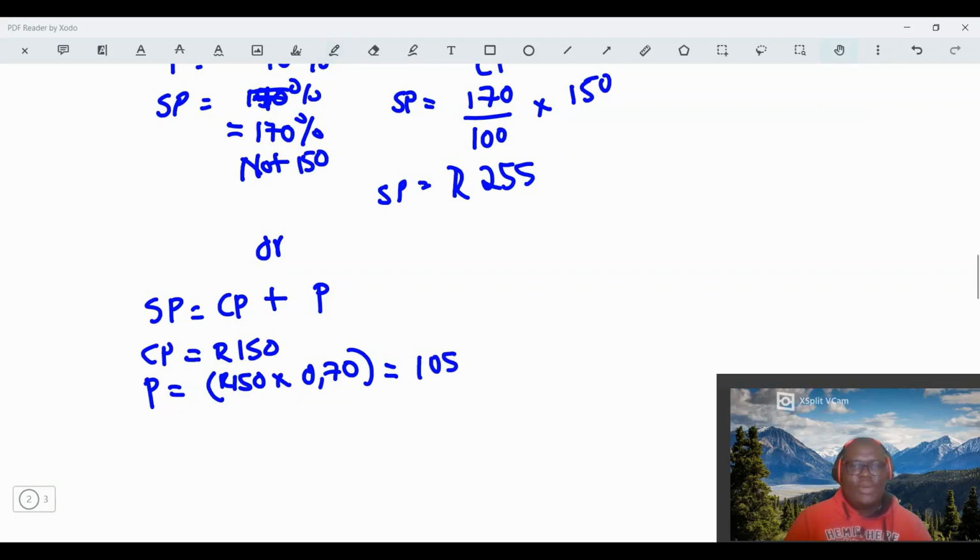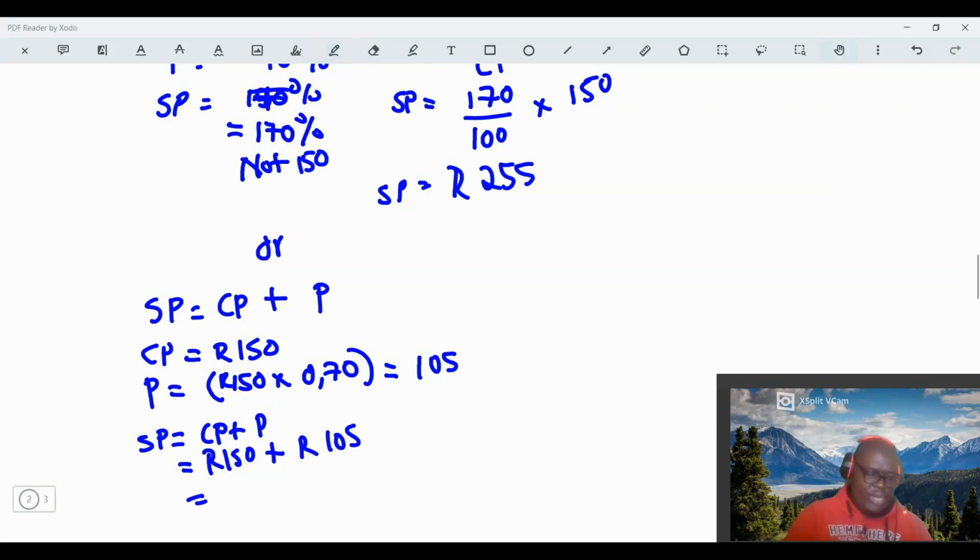And then from there you come here with your information, you add everything. So now you know the selling price is equal to cost price plus the profit. You have the cost price is R150, plus that 105 that you got now, it will be your selling price.